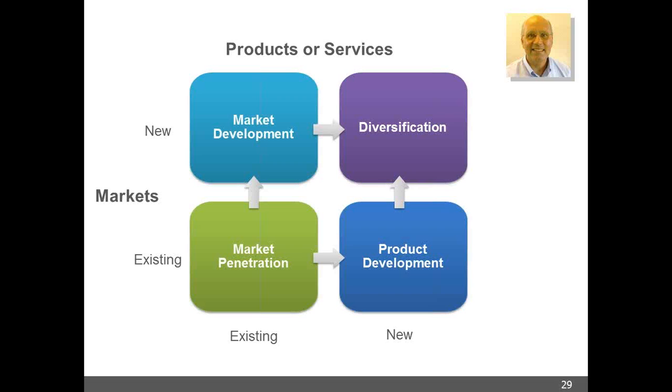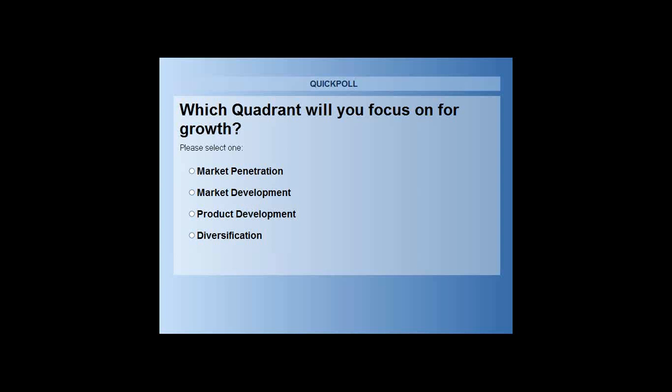Super. Thank you, Chris. Before we move to wrapping up and open up for questions and answers, I had one final quick poll we just added. I was curious about, in terms of the quadrants we've looked at today, which one you might think about focusing on for growth within your business.